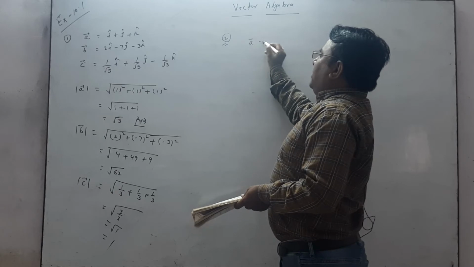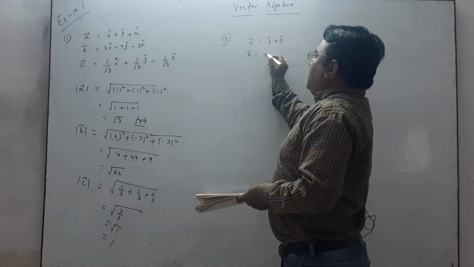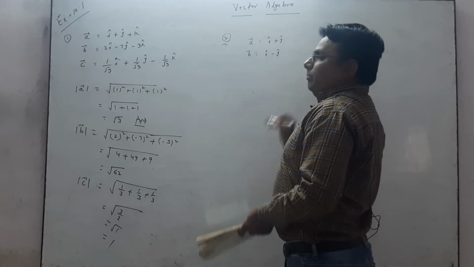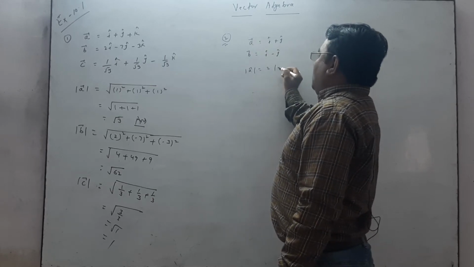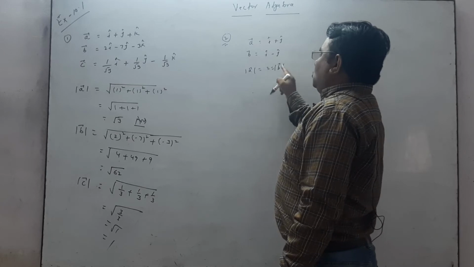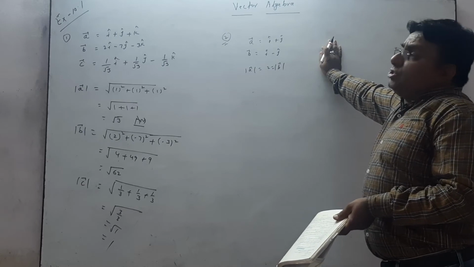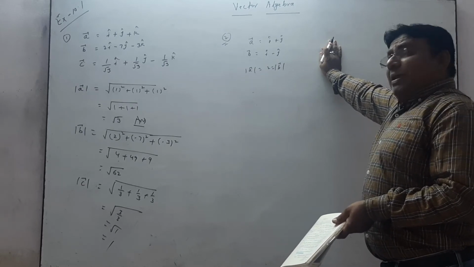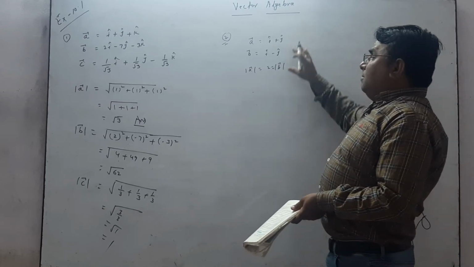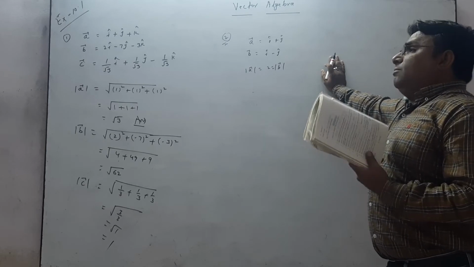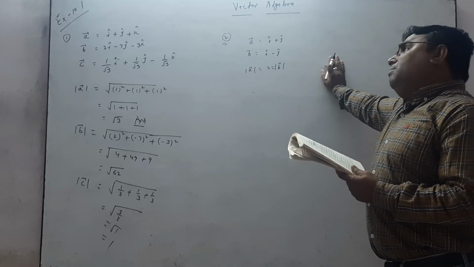For example, vector A is I cap plus j cap plus 0k cap, and vector B is I cap minus j cap. Then the magnitude of vector A is root 2 and the magnitude of vector B is also root 2. So the magnitudes are the same. Another example is 2I plus j cap or 2I minus j cap, that is the same magnitude. You can take many different vectors that are different vectors but with the same magnitude. So infinite vectors are possible. You just have to write any one example, that infinite vectors are possible.